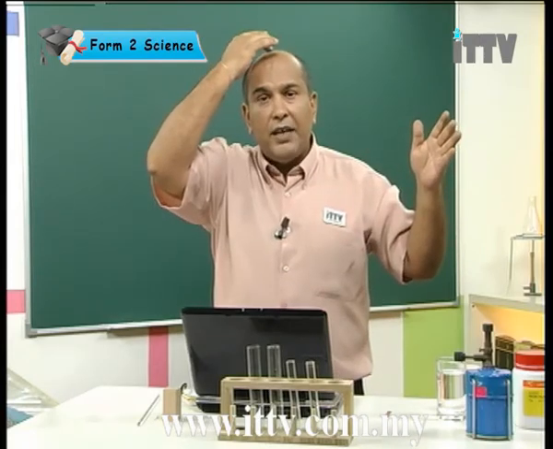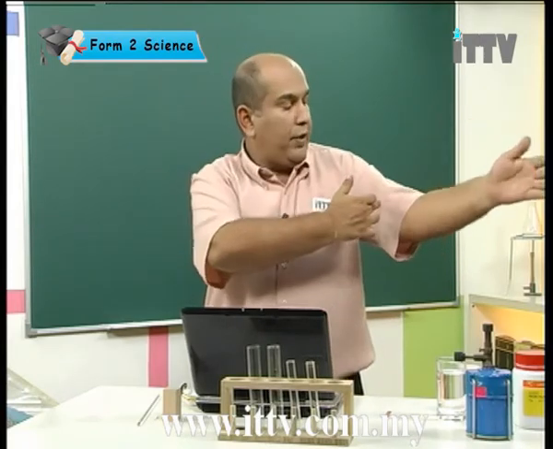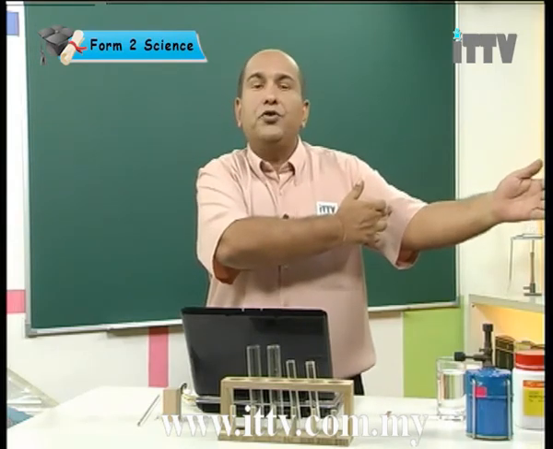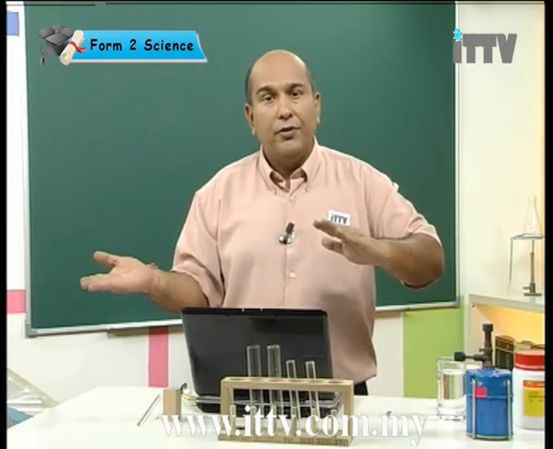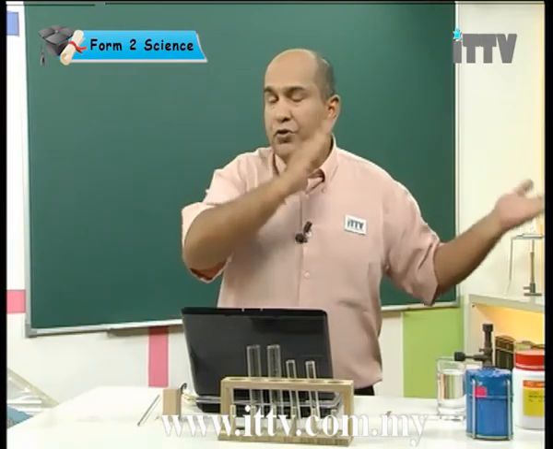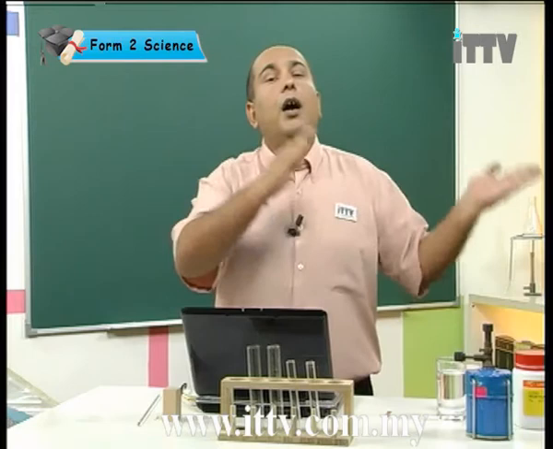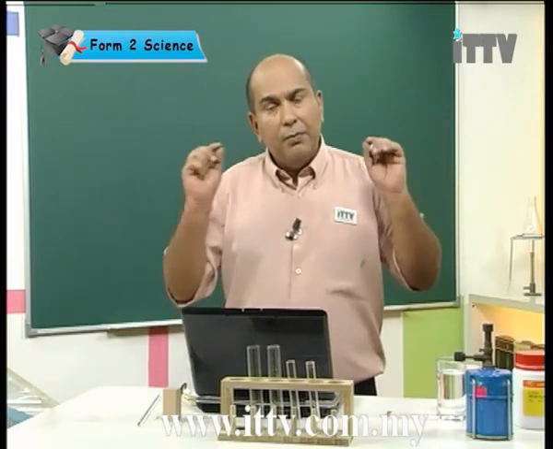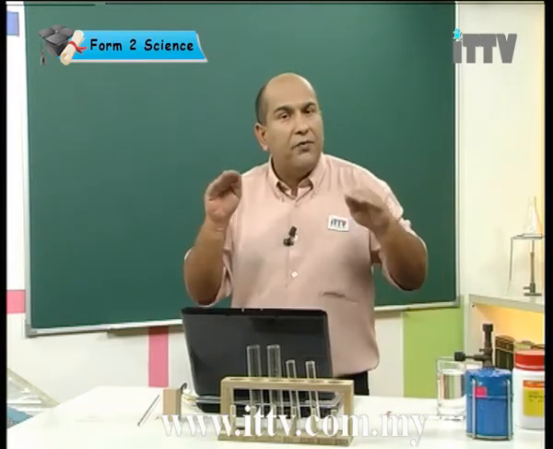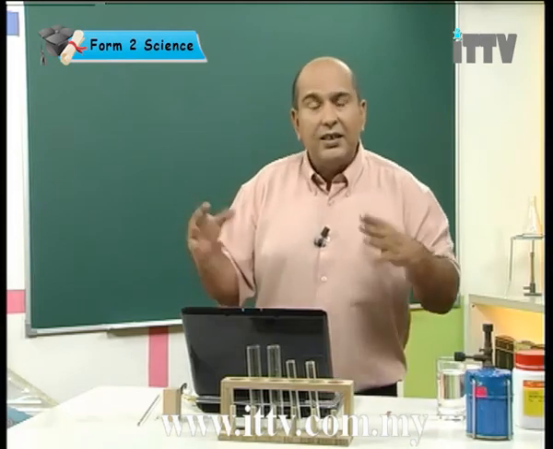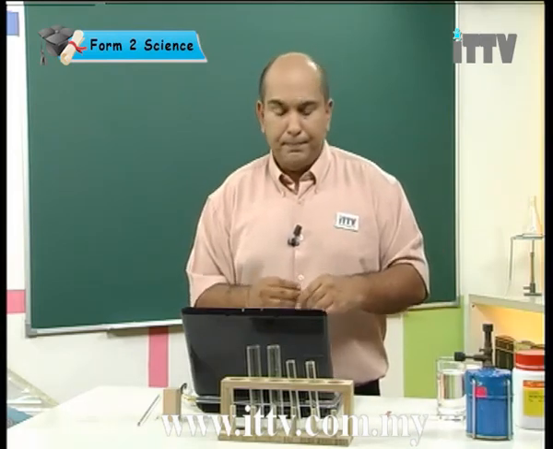Any information coming out from the brain, going to your muscles, goes through the motor neuron. Sensory neuron goes to the brain, motor neuron takes information away from the brain. Please make sure you know the two differences in these two neurons.